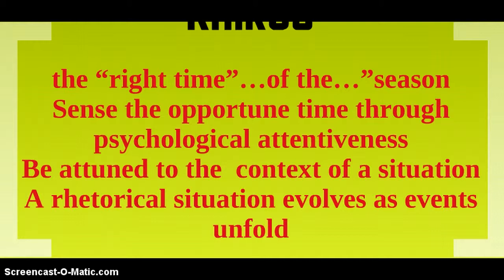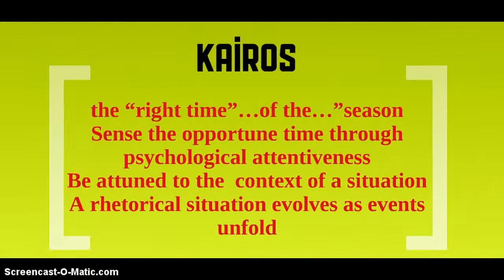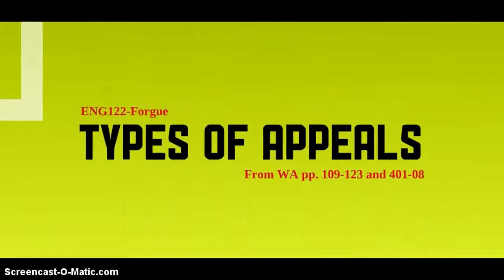But writers must remember that a rhetorical situation is not fixed, but rather it evolves as events unfold or as audiences experience the psychological ebbs and flows of attention and care to an issue. Remember these types of audience appeals and you will be sure to construct a successful argument.